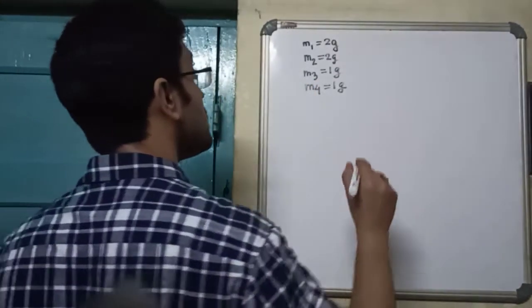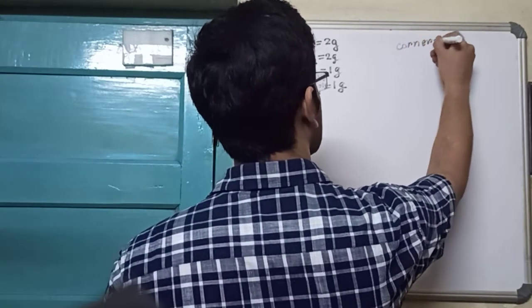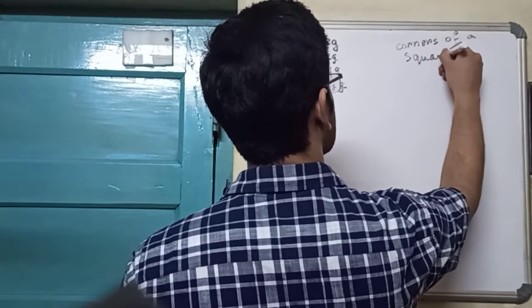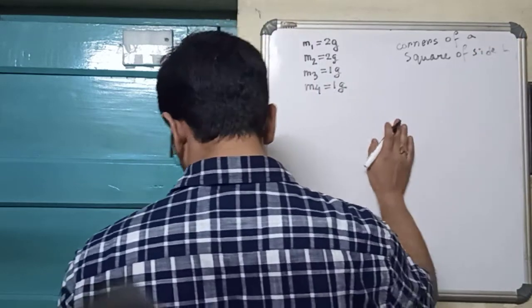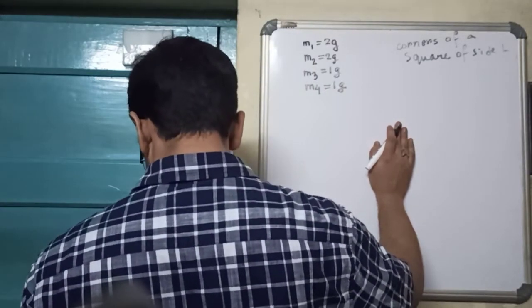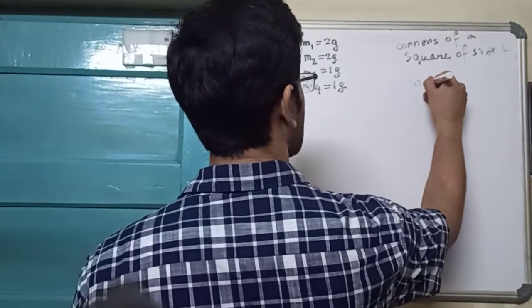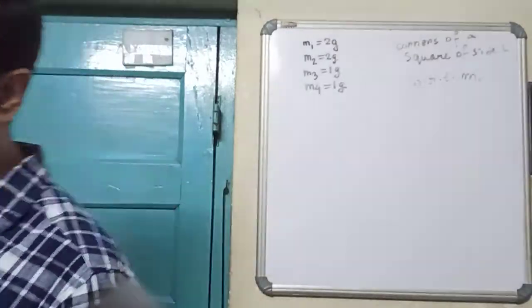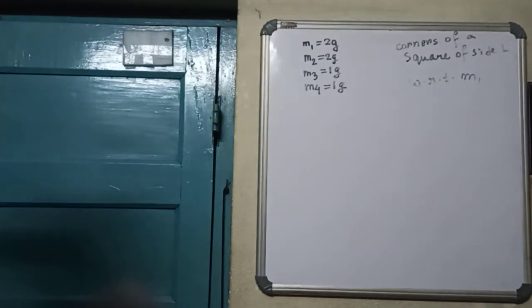It is said that they are placed at the corners of a square of side L. The question says, where is the center of mass located with respect to m1? They ask for the location of the center of mass with respect to m1.